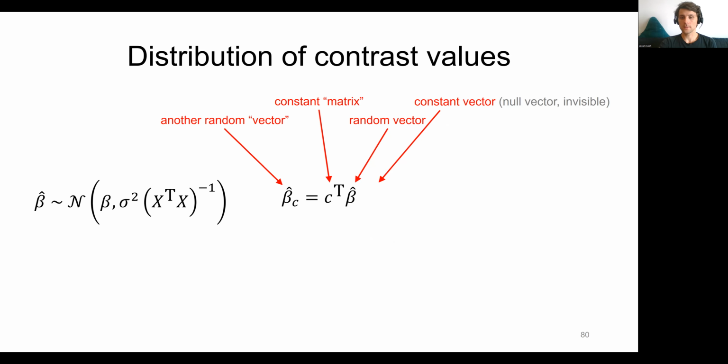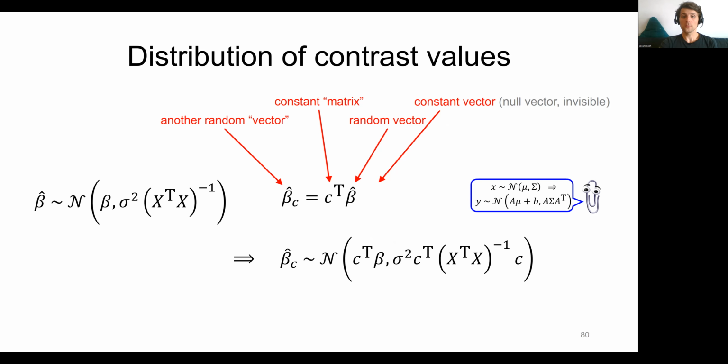In a T contrast, the contrast value is always scalar. And if we apply the linear transformation theorem, we find that the distribution of the contrast values is like this. It's again a univariate normal distribution with the true contrast value as the mean and the design covariance now transformed through this contrast vector as the covariance matrix.